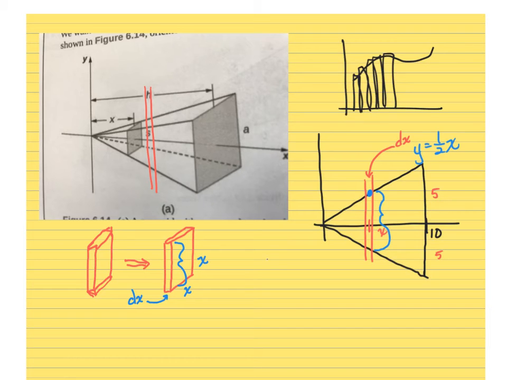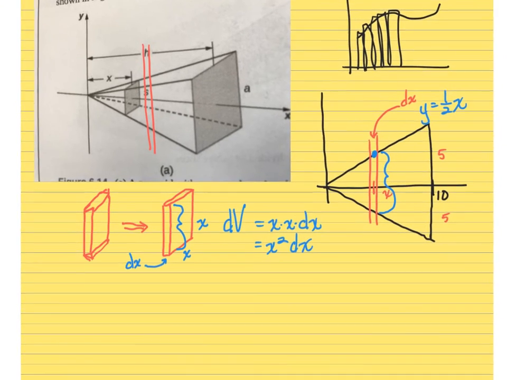So I have x times x times dx, and that is the volume. Now I call that dV because I'm going to use V to represent the entire volume of my entire shape. dV will represent one little slice of that volume. So dV equals x squared dx. So that is the volume of one slice.